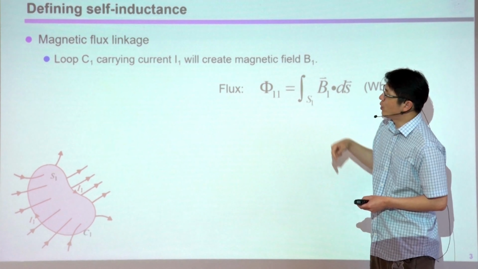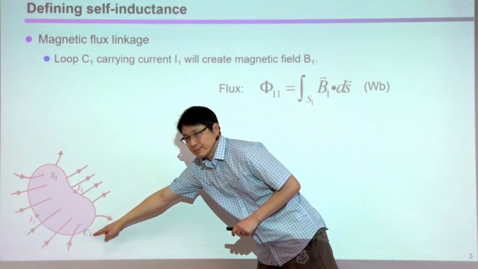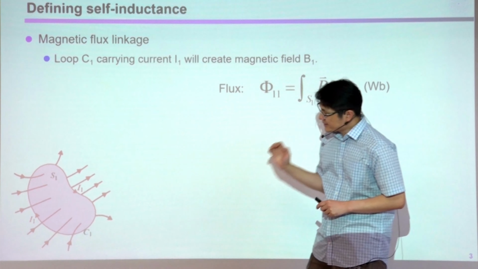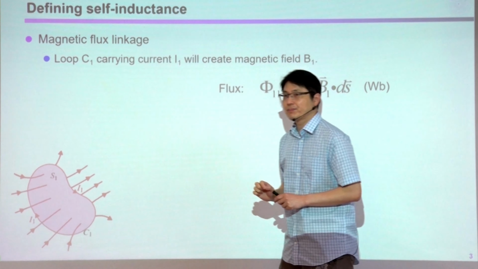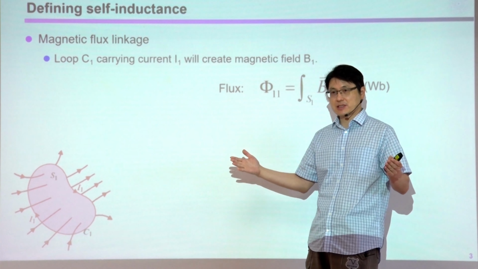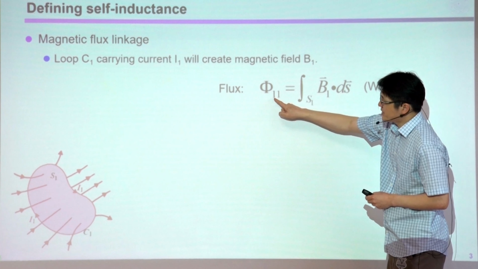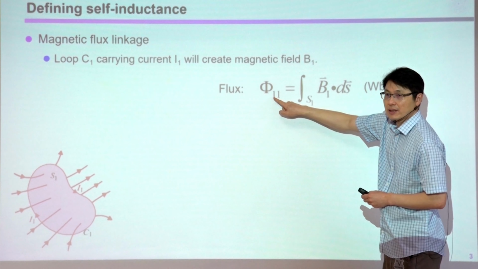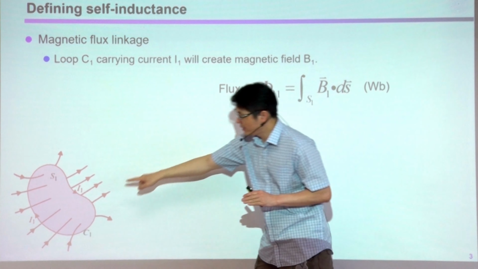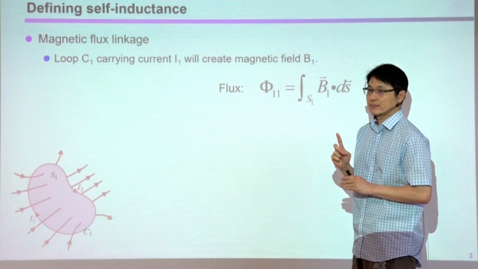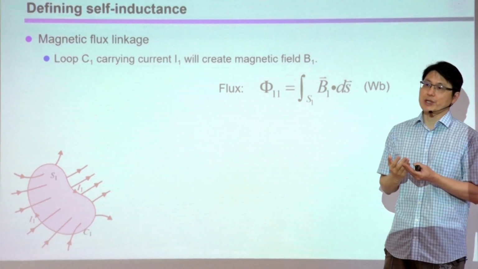Here, flux phi 11 means I have current loop 1. I send in the current to a steady state value of I1, and therefore it generates its own field distribution. Okay? So the first subscript 1 means I have magnetic flux density created by current loop 1. But to calculate the flux, I need to perform surface integration.